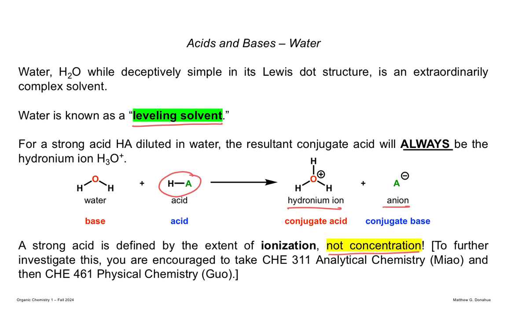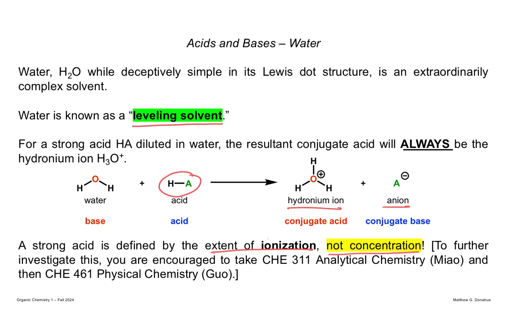You can think of an acid as being very concentrated, but that is not related to which side of the arrow is preferred. The term acidity is better described as the extent at which those things ionize.